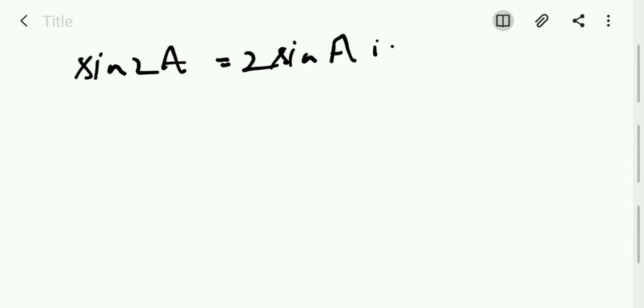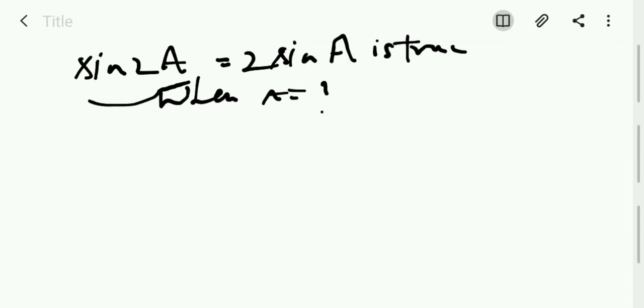Now this is true when a is equal to what? If sine 2a is equal to 2 sine a, when will it be true? That means we need to find out the value of a. Got it?